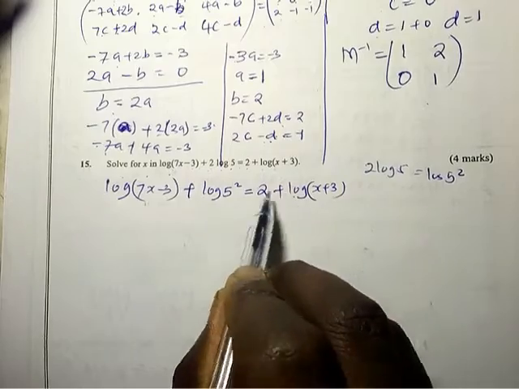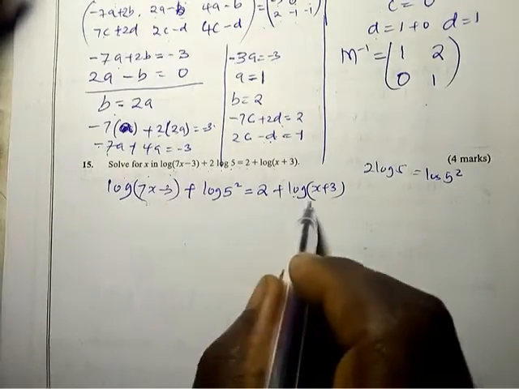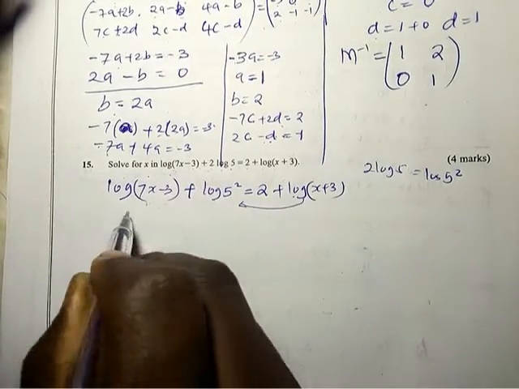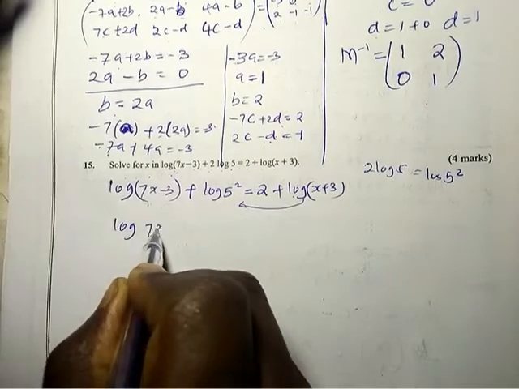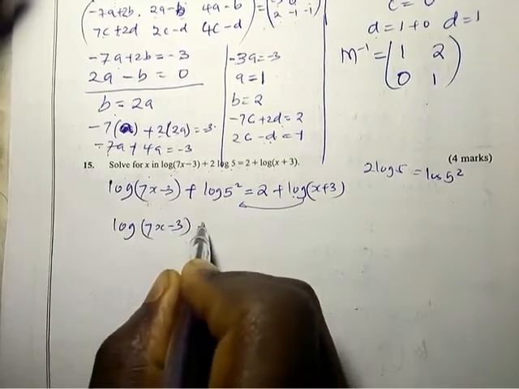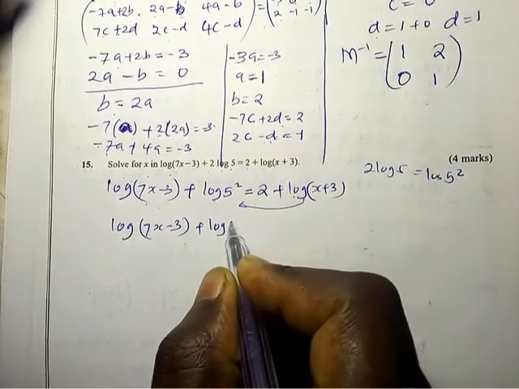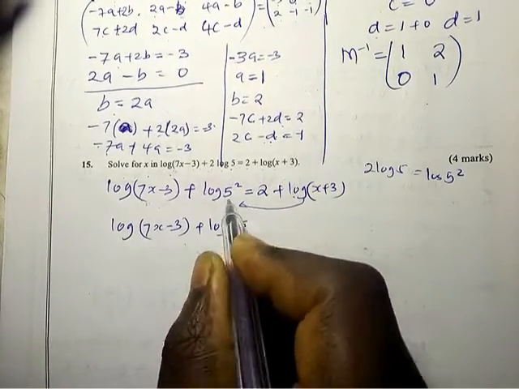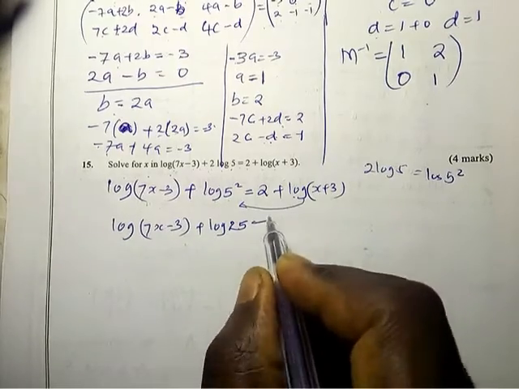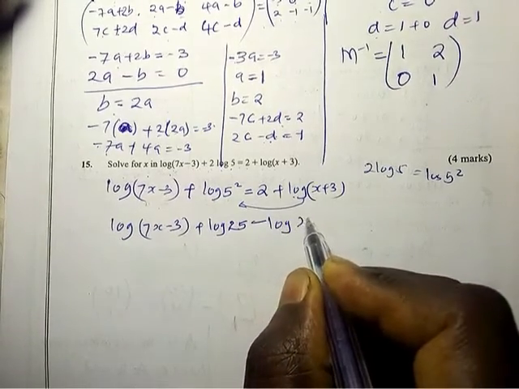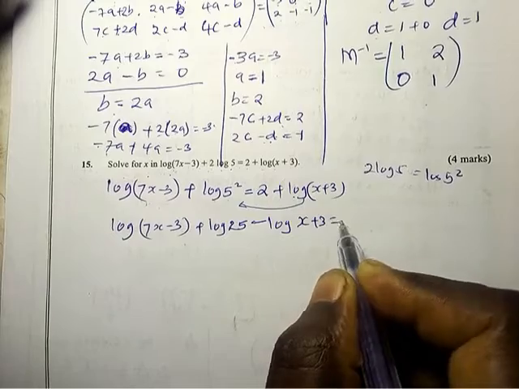So let's put the logs on the same side, so we take this one to this side. So log of 7x minus 3 plus log of 5 squared, that is 25. Let's write 25. 5 squared is 25, minus log of x plus 3 is equal to 2.